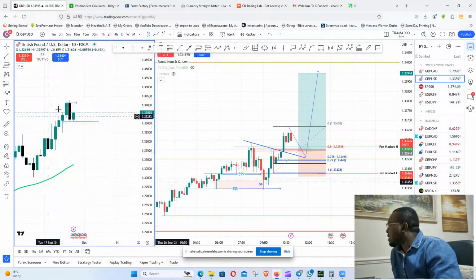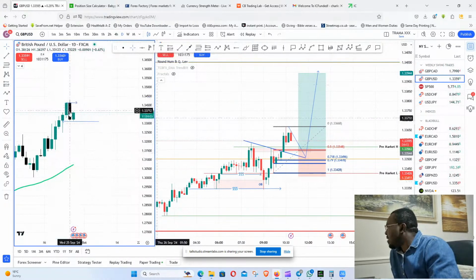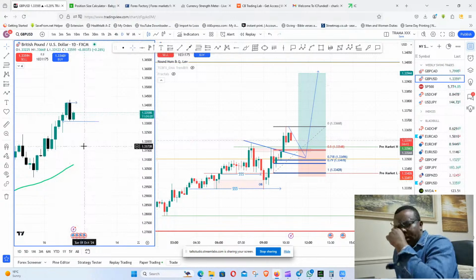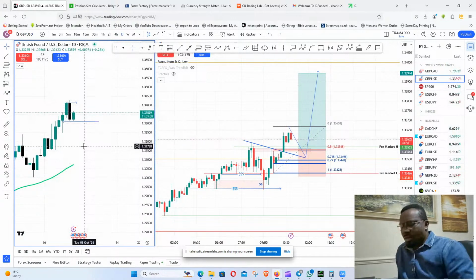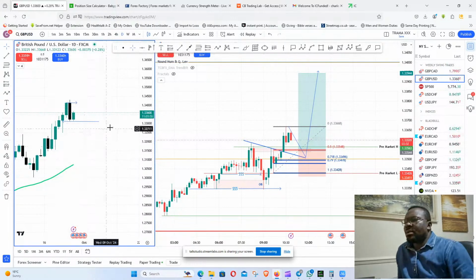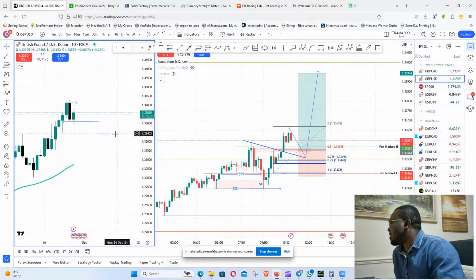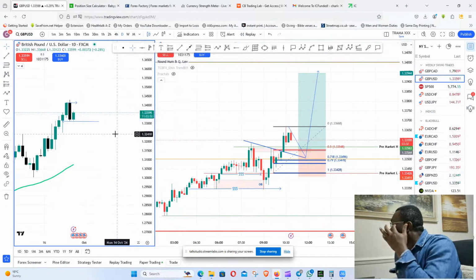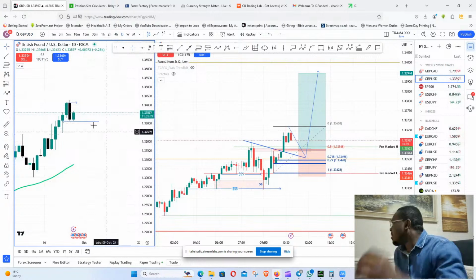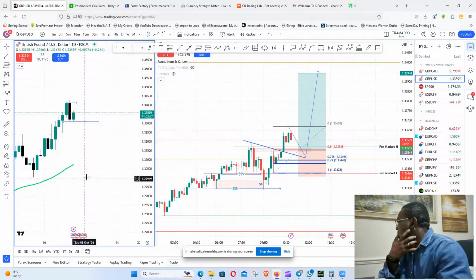So this bearish candle here is giving us a concern. So I may not look forward to trading GU like this until we have clarity if it's going to retrace or not. We need price to break this level to tell us it's going to retrace.